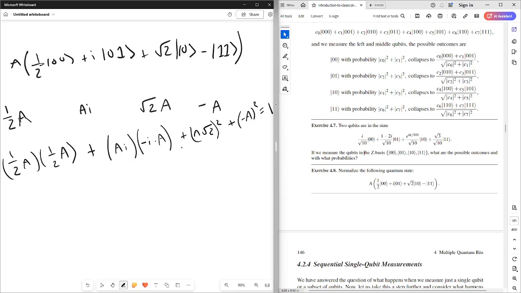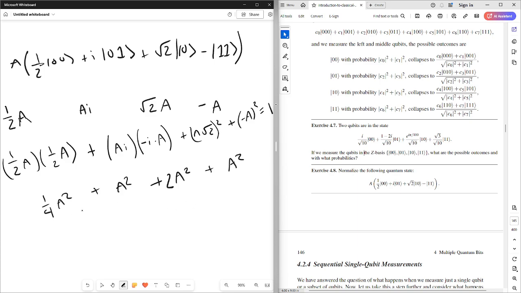So we can distribute everything here. So 1/4 A squared. Minus I squared is just 1. So we get A squared there. We get A squared, or 2A squared. And we get A squared here.